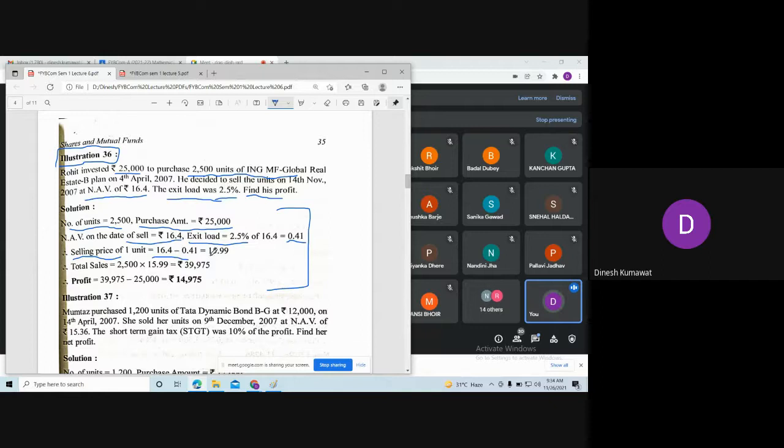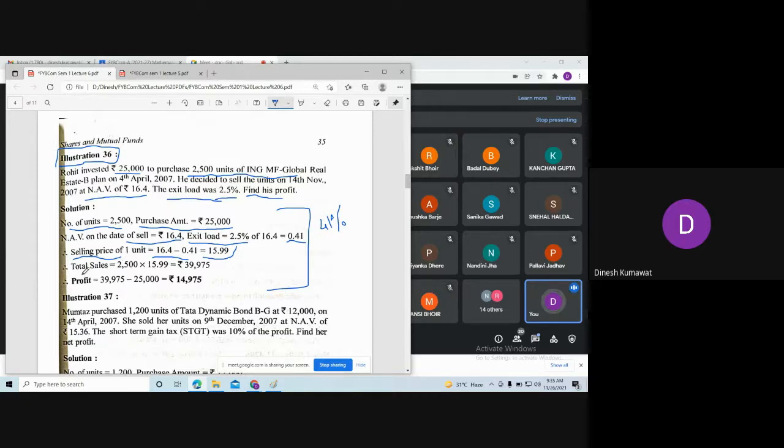And after subtraction, you get the selling price per unit, which is nothing but 15.99. Is it or not? No, you must have made some mistake, it will never show in percentage. And if it showed in percentage, it would show 41%. Okay, so the selling price per unit is nothing but 15.99.